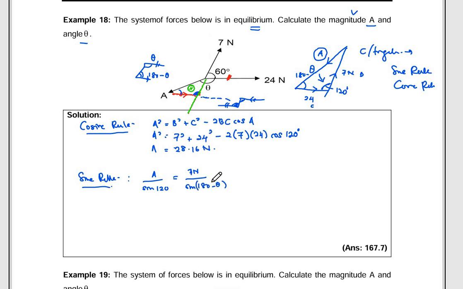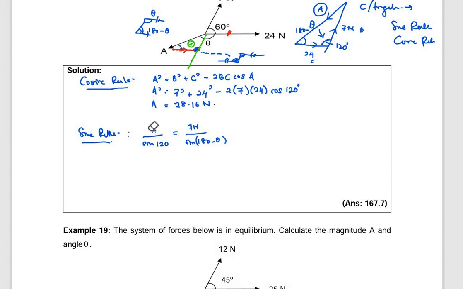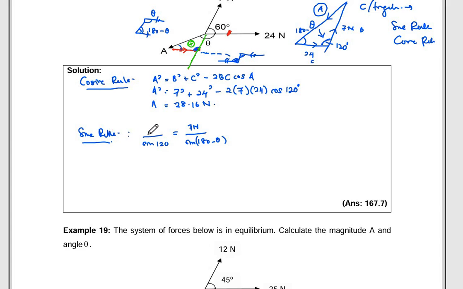Okay. So, yang ni, A kita dah ada tadi 28.16. Okay, 28.16. So, sine 180 minus theta.